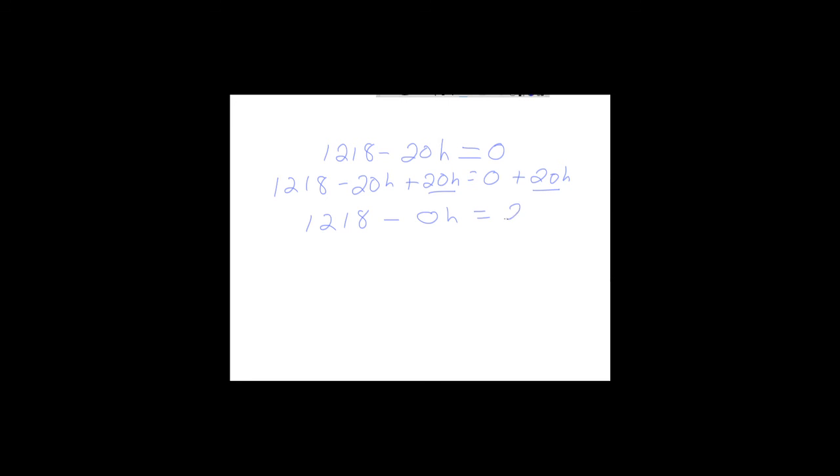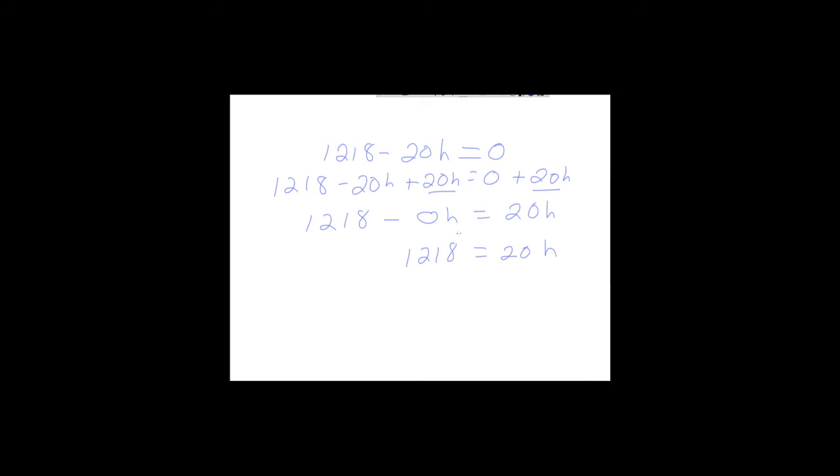And 1,218 minus 0 is just 1,218 equals 20h. And now we divide 20 into 1,218. Can somebody figure that out real quick? Grab a calculator if you need to, or do that longhand.